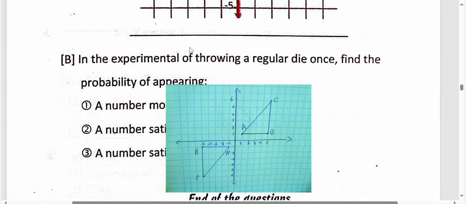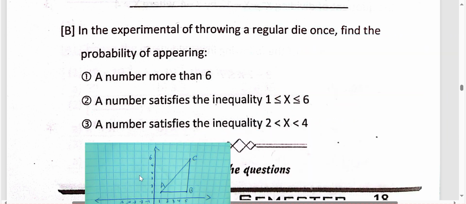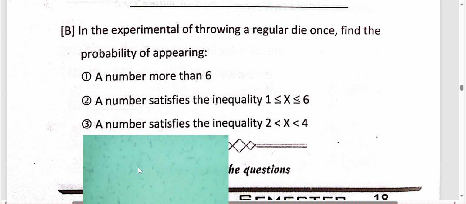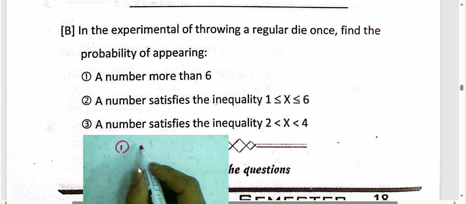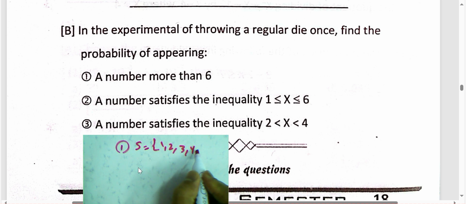Next question. In an experiment of throwing a die, find the probability of appearing a number more than 6. First step, we write the sample space: 1, 2, 3, 4, 5, and 6.